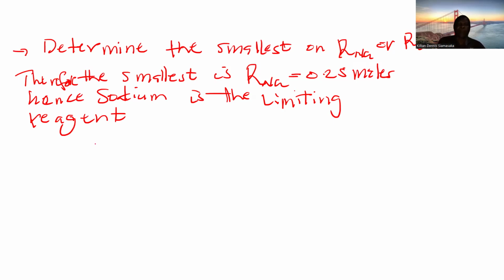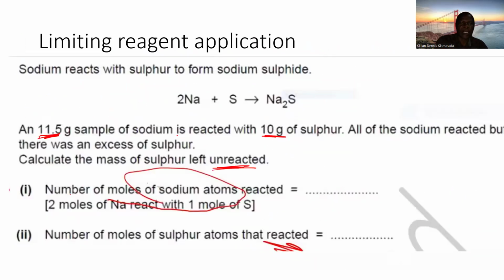And so now we can compare the mole ratio of sodium compared to sulfur, because the equation is indicating that the first part of the equation is the number of moles of sodium atoms reacted. The number of moles of sodium that reacted, we have actually found it.